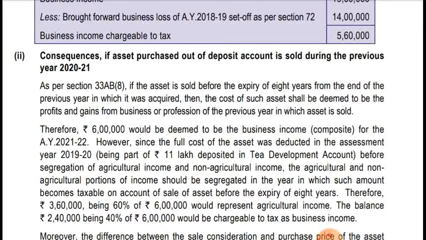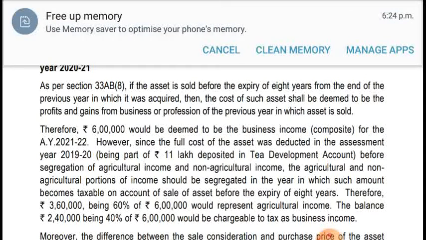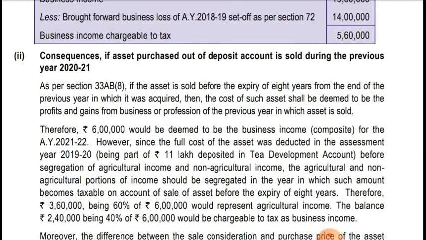Hence the full cost of the asset was deducted in the assessment year 19-20, that is previous year 18-19, being part of the 11 lakhs deposited in the tea development account. Before taxing, the agriculture and non-agriculture portions of income should be segregated in the year in which such amount becomes taxable on account of sale of the asset before the expiry of 8 years.